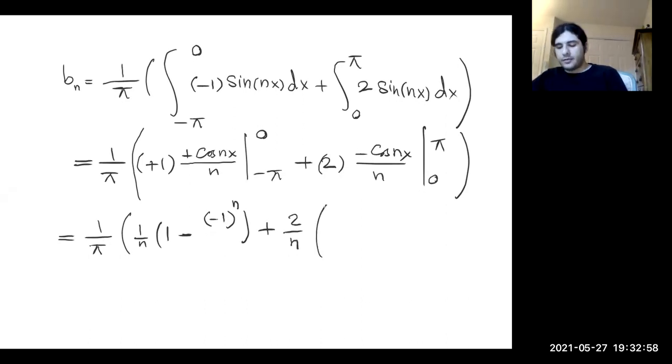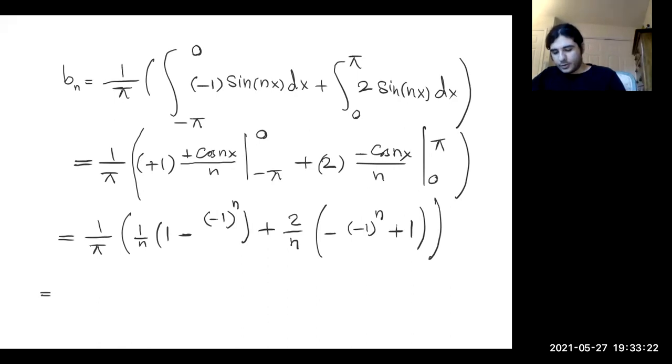times, if x is equal to pi, we have cosine of n pi. Again, it is equal to minus 1 to the n, minus, if x is 0, we would have the cosine of 0 is 1, so we do minus 1, which is plus 1.